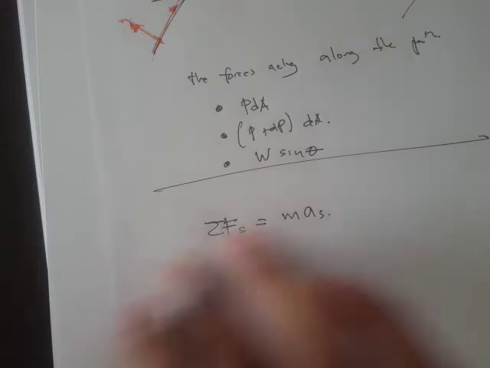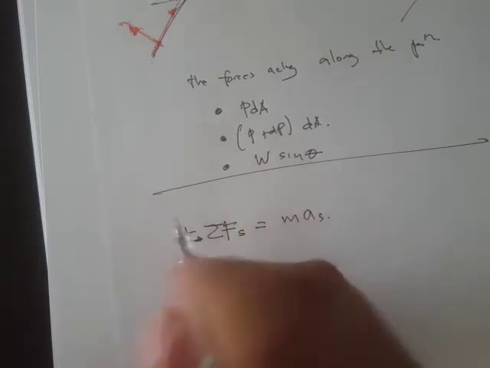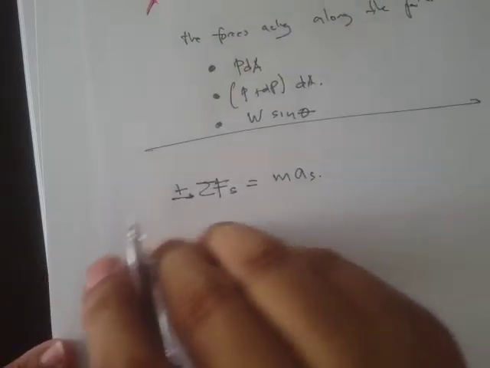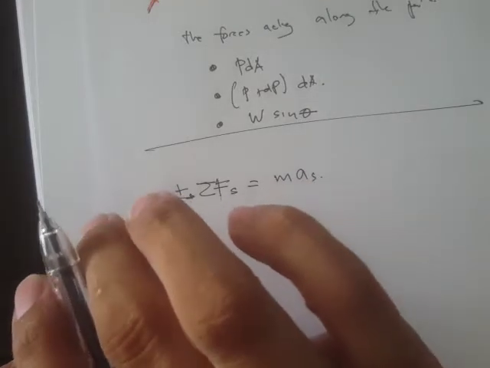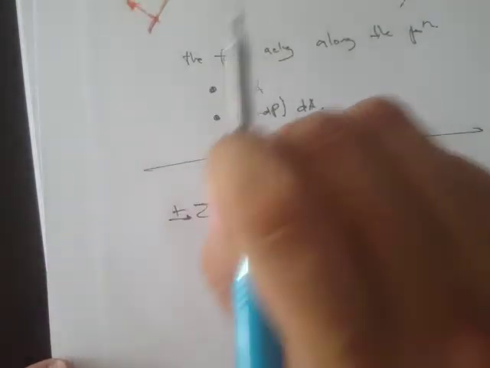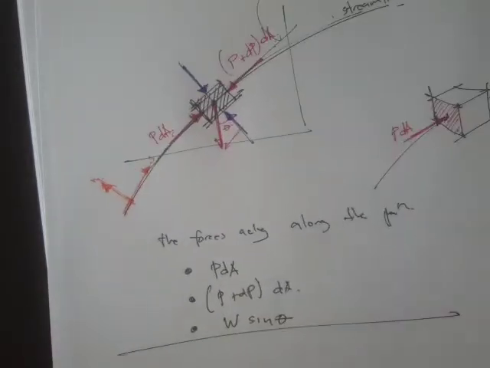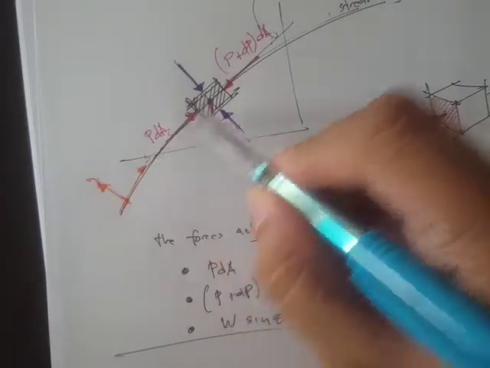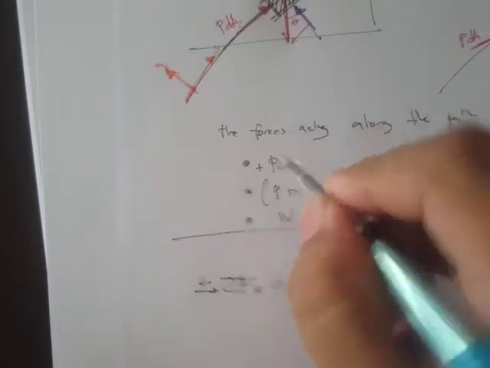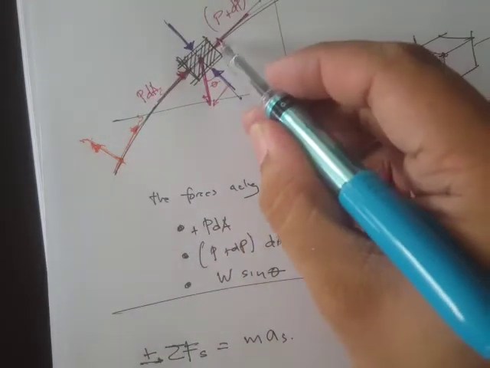Okay, so summation of forces, then let's assume every force that's acting, or the direction is to the right, then that's positive, and to the left, then that's negative. Okay, so this is positive, then this one is negative.